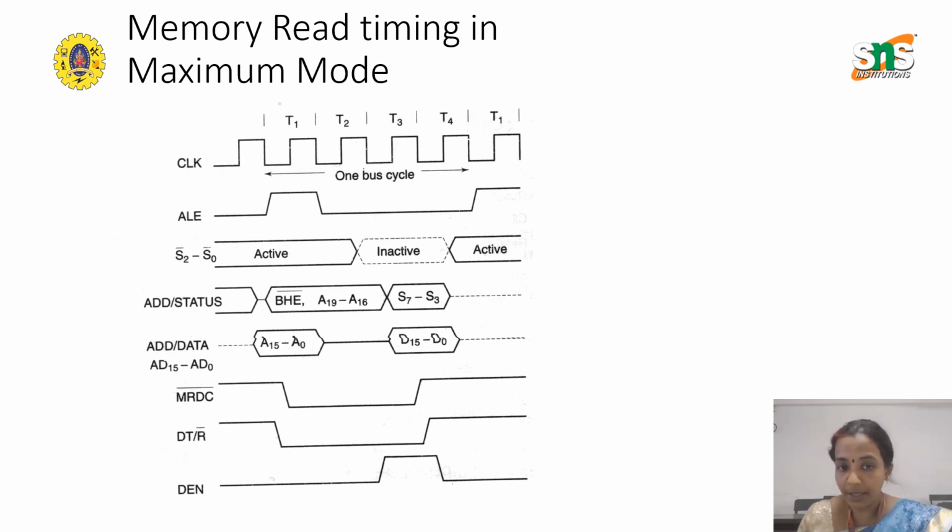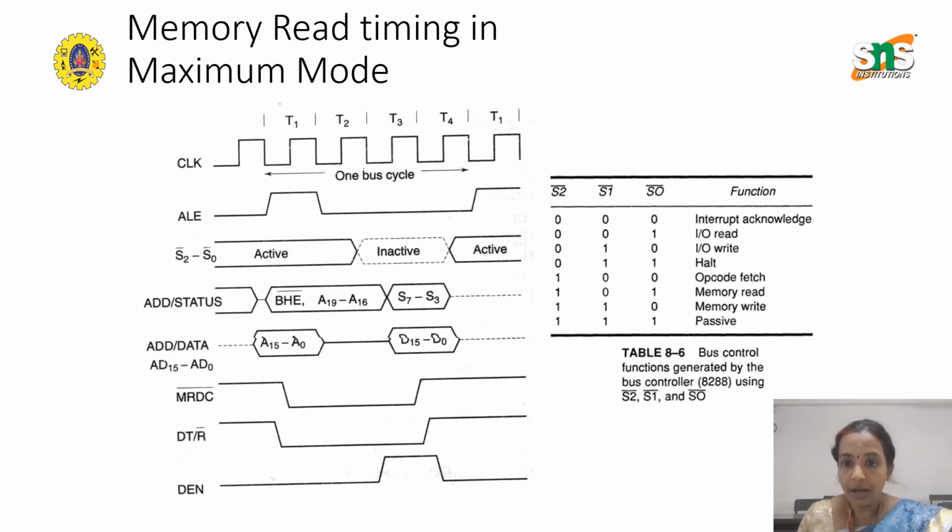This is again the timing diagram of maximum mode, and so we have three status signals S0, S1, and S2. So this is like the binary information: 000, 001, 010, 011, 100, 101, 110 and 111.